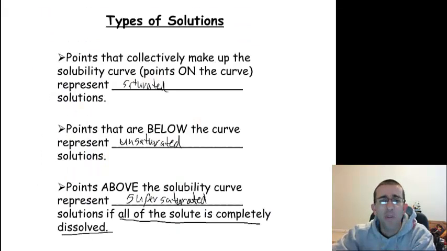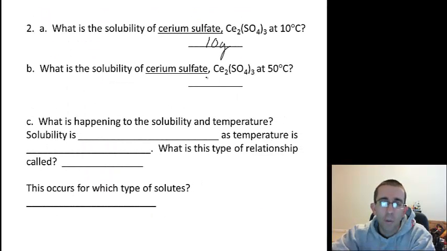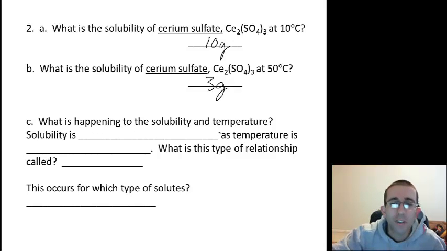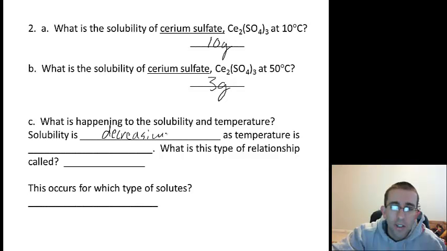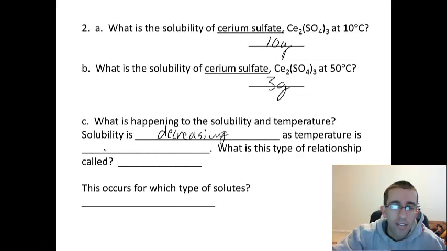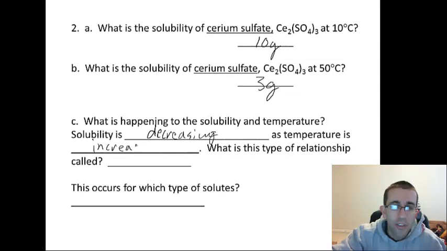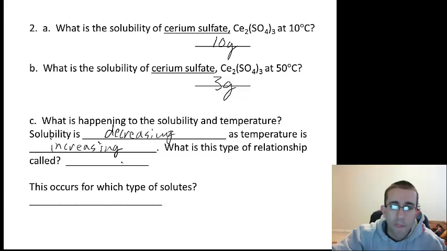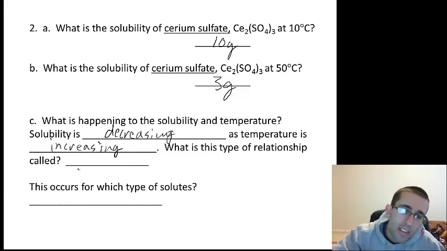I'm going to say it's about 3 grams. If you said 4, 2, whatever. So 3 grams. What happens to the solubility of this? Well, solubility is decreasing as the temperature is increasing. What's this called? These are called indirectly proportional.